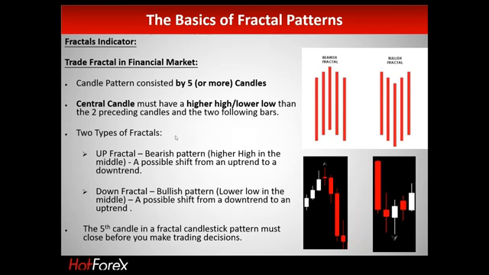A bearish fractal is an up fractal, which is this first example that I have over here. What happens with that is that the middle candle is the highest high of the rest of the four that we have, the two on the left and the two on the right, and that gives a bearish signal. By seeing such a fractal, an up fractal, we might have in mind that we might see a possible shift from an uptrend to a downtrend.